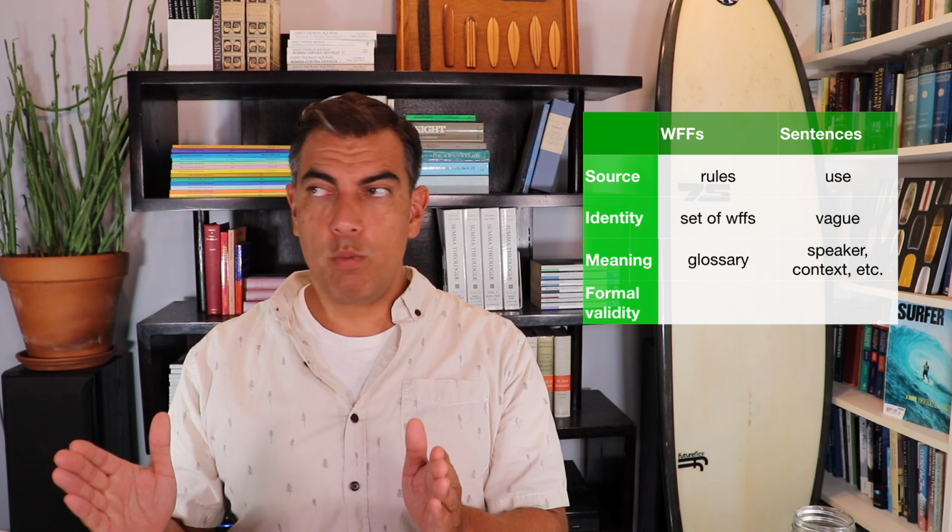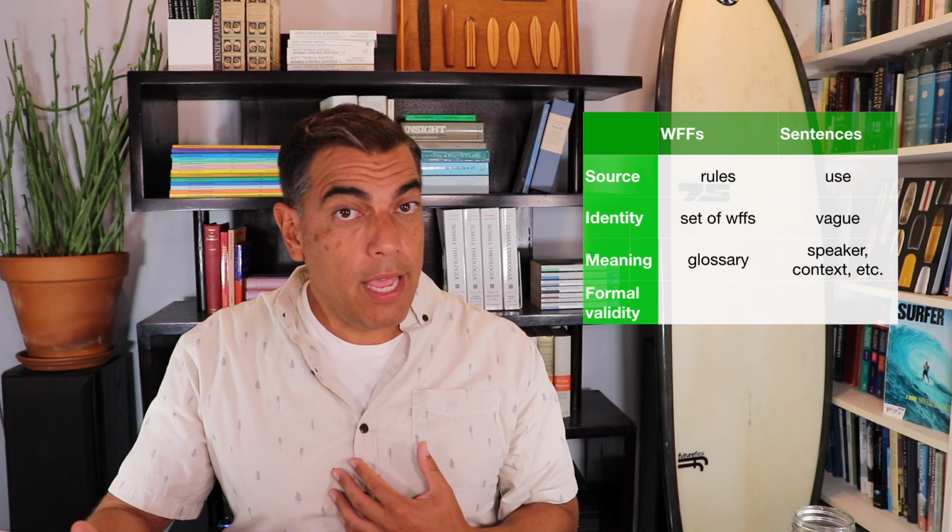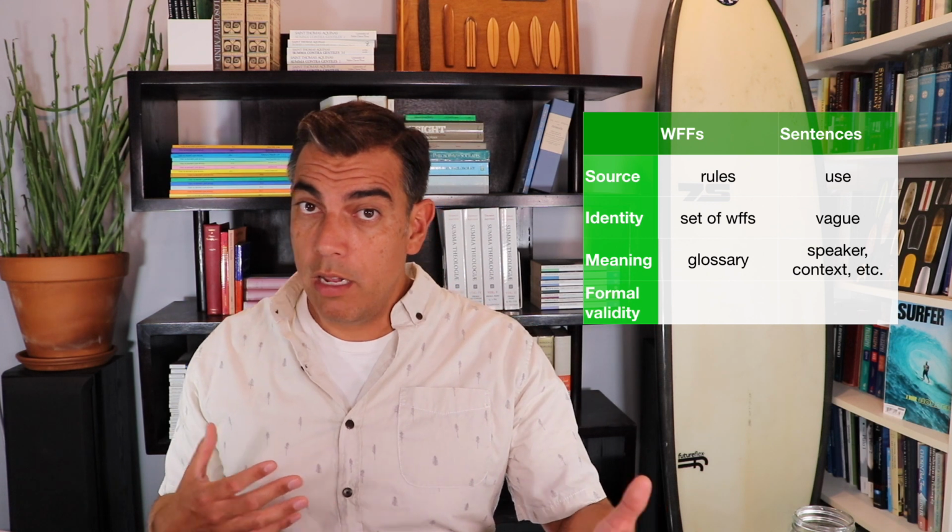They don't get their meaning from some written out definition of what we're going to mean by this, right? It depends on who's saying it, where they are, and how they're saying it. All those kinds of different things go into filling in the meaning of a sentence. And a final difference between well-formed formulas and sentences, or at least a final difference that I'm going to give, is that we string these well-formed formulas, once they're created, together to evaluate them for validity.